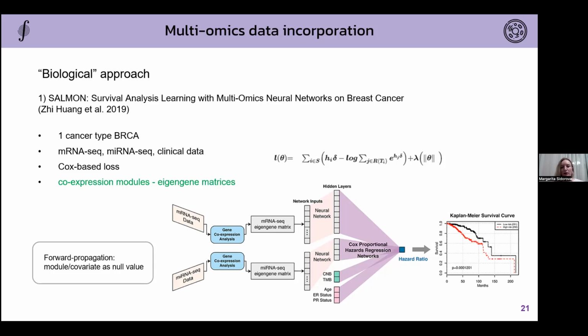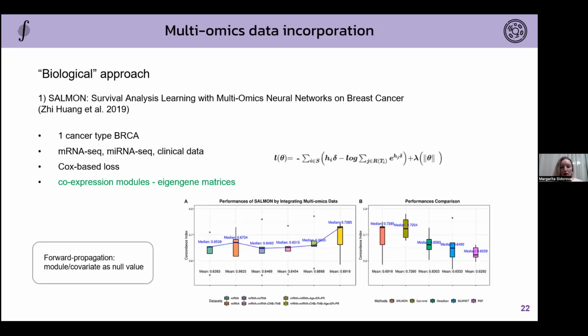So it's like the biological knowledge which they get, which modules of co-expression were important. And also they assigned some covariates null values. By this, they understood which covariates were important.